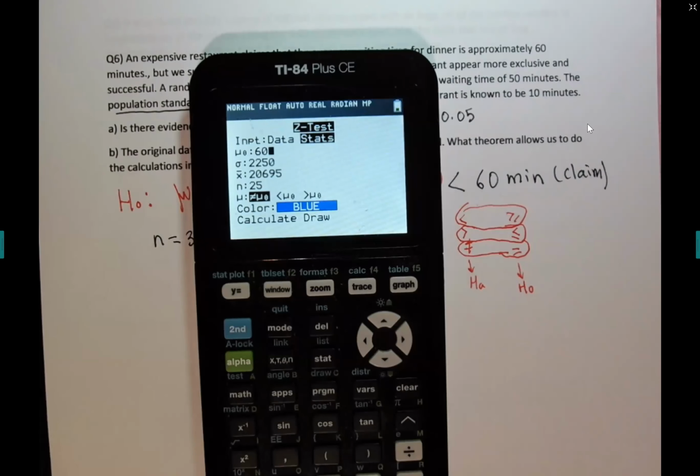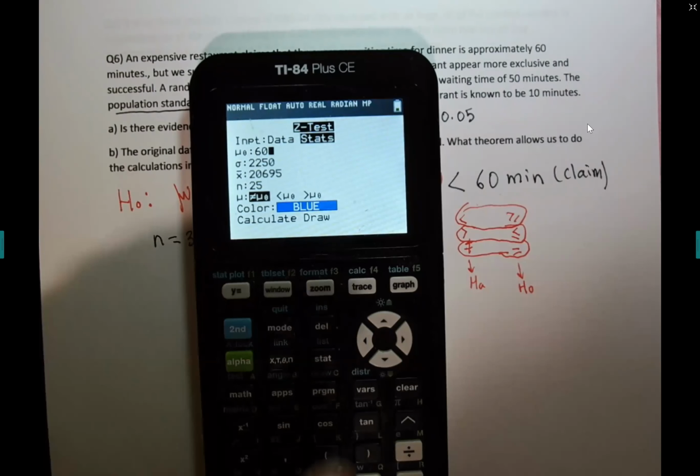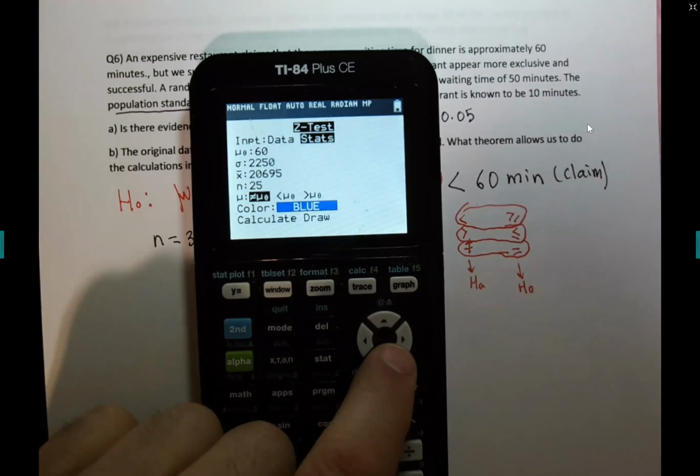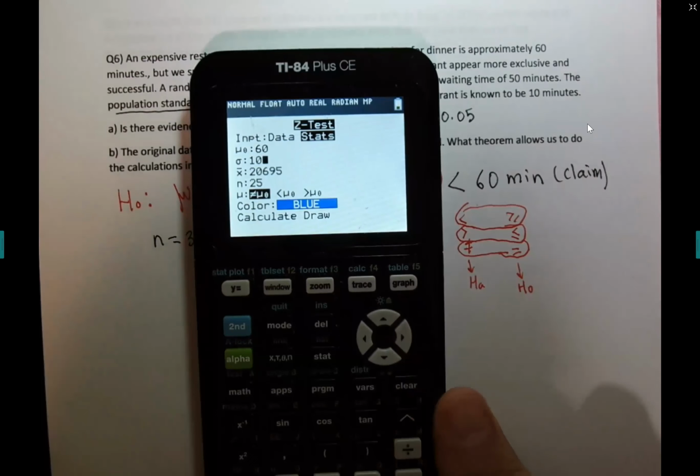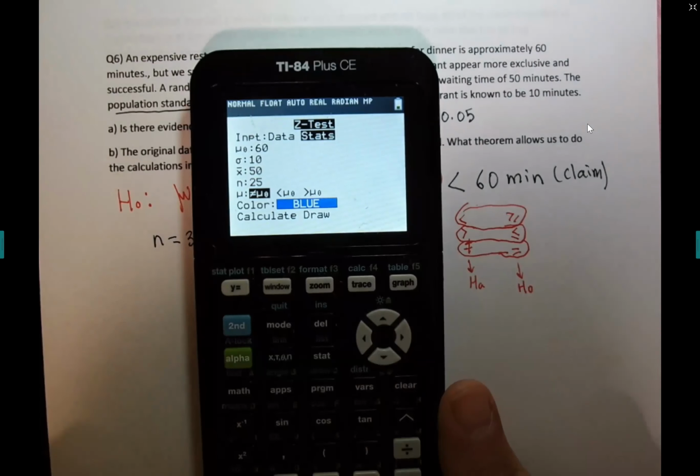The belief that it is 60 minutes, that people have to wait 60 minutes. Now we're going against this traditional old belief and want to see if this belief is still good, or probably we can defeat it. That's what we're trying to do. So sigma is 10. X bar, guys, is 50. N is 32.